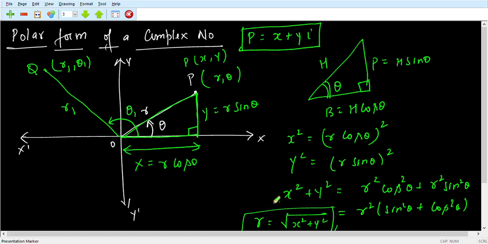Now let us suppose this P (r, theta) is called the polar coordinate.